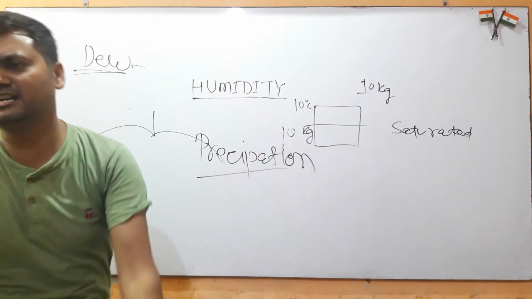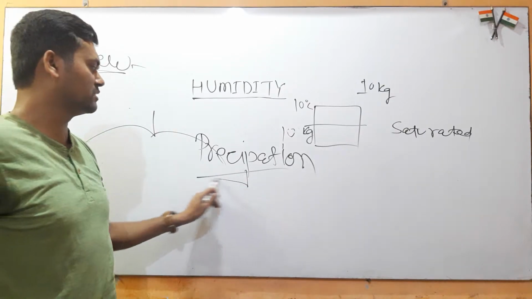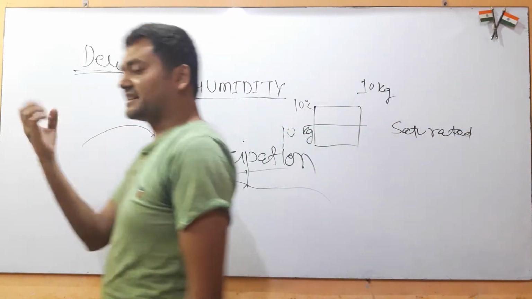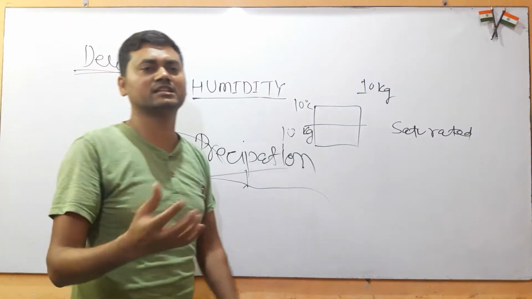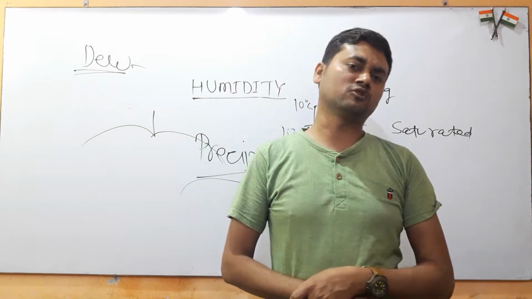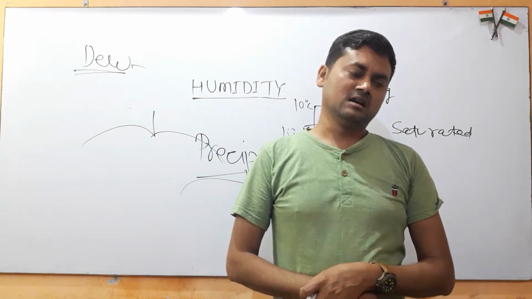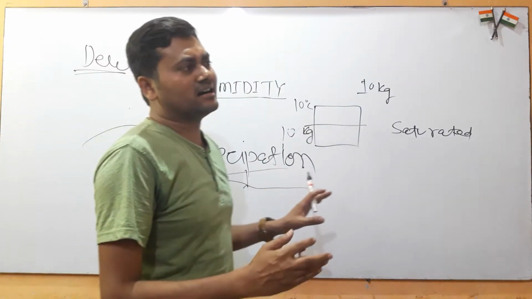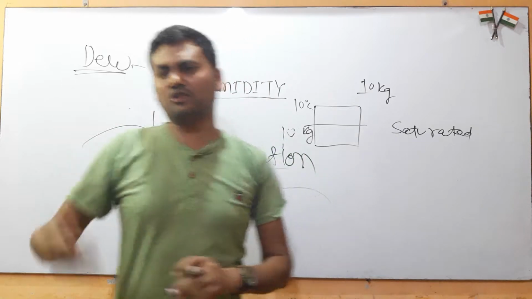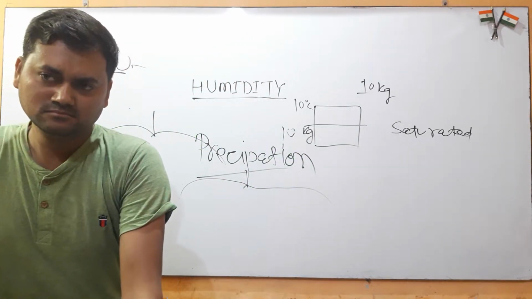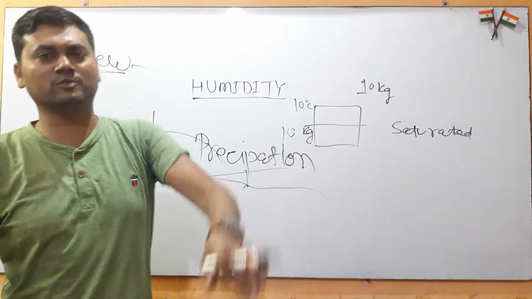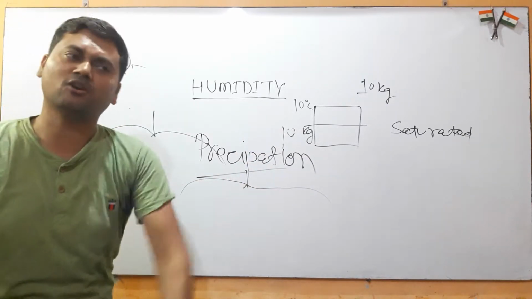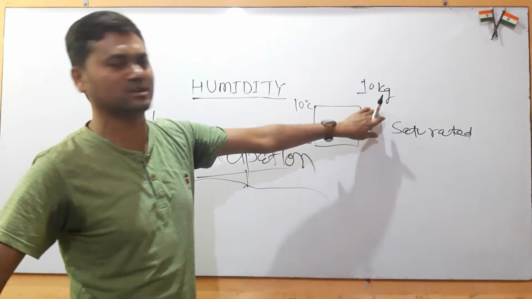Most of the time we think precipitation is mainly related with rainwater. But let me tell you that snowfall is also part of precipitation. Snowfall happens where the temperature is 0 or below 0 degrees Celsius, below the freezing point. Then you can see snowfall happens, but all the activities are related with this one, the extra.